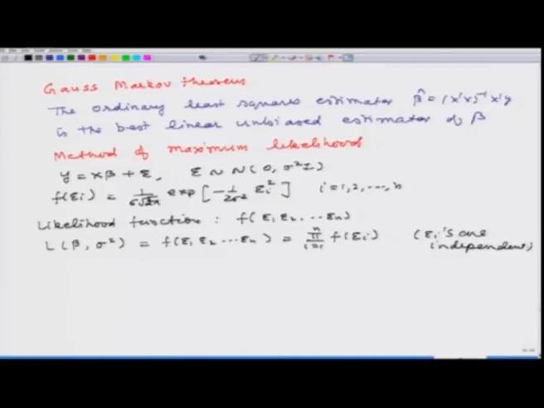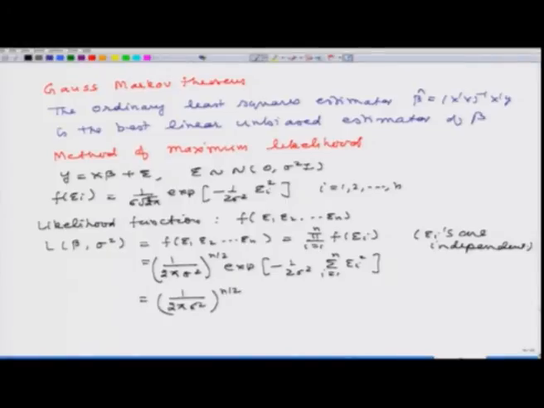Right. So this becomes 1 over 2 pi sigma square raised to the power of n by 2, exponential of minus 1 over 2 sigma square summation i goes from 1 to n epsilon i square. The same thing can be written as 1 upon 2 pi sigma square to the power of n by 2, exponential of minus 1 over 2 sigma square epsilon transpose epsilon.